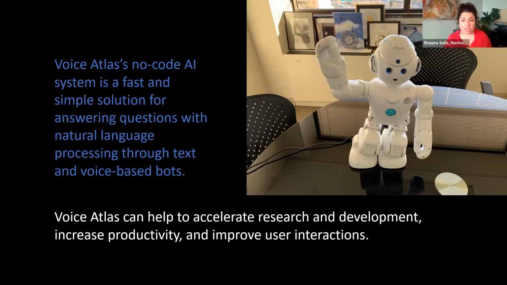And for science specifically, we're really seeing that it can help to accelerate research and development. Giving access to information can help increase productivity instead of having to look through everything, know who's the right person to ask, being able to just ask that question and get an answer, which also leads to improved user interactions.